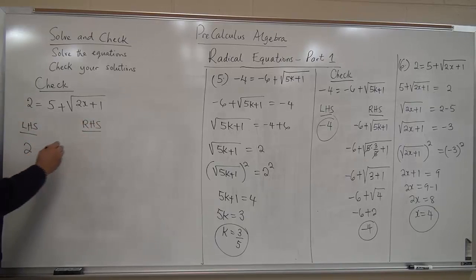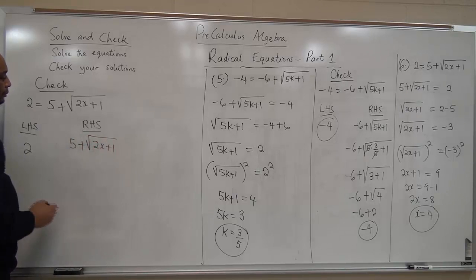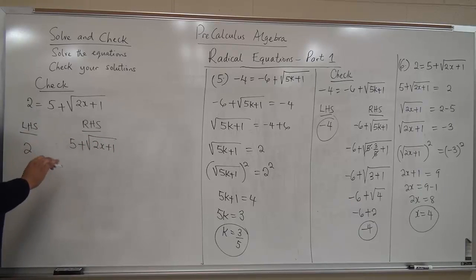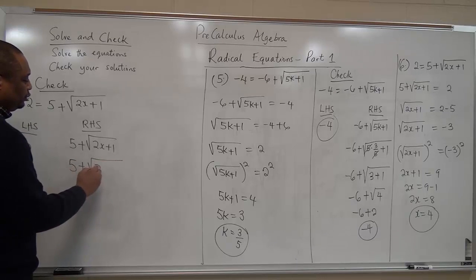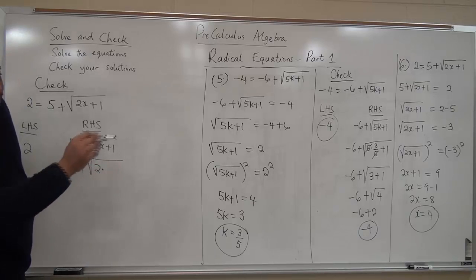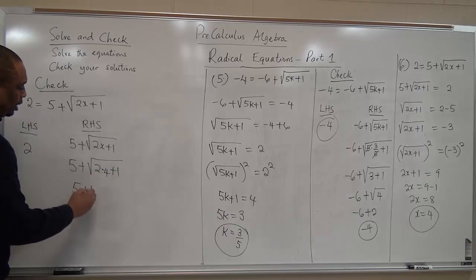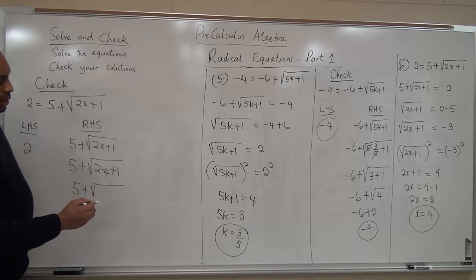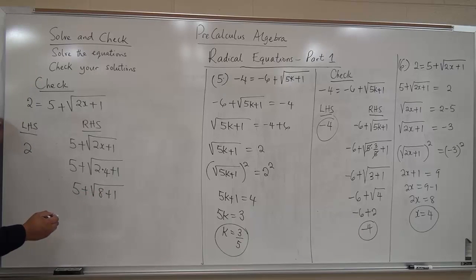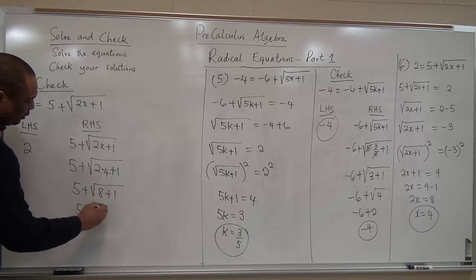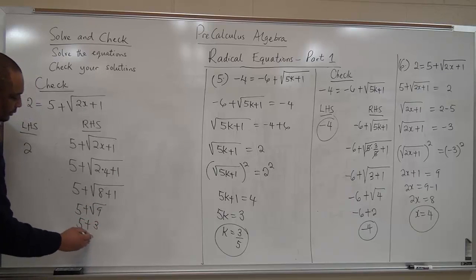Left hand side is 2, right hand side 5 plus square root of 2x plus 1. So this is our main point of concern. 5 plus square root of 2 times 4 plus 1. 5 plus square root of 8 plus 1, right? 5 plus square root of 9, 5 plus 3, which is 8.